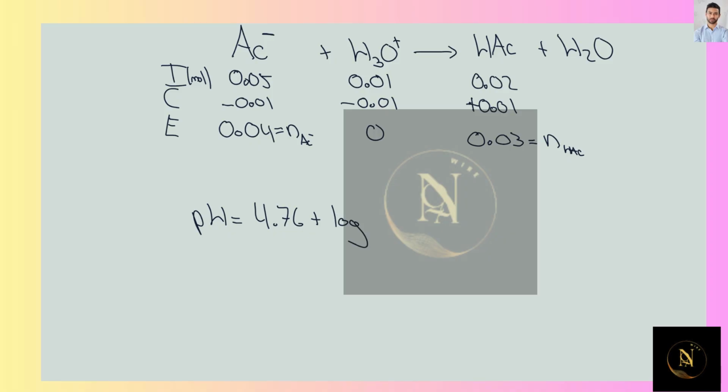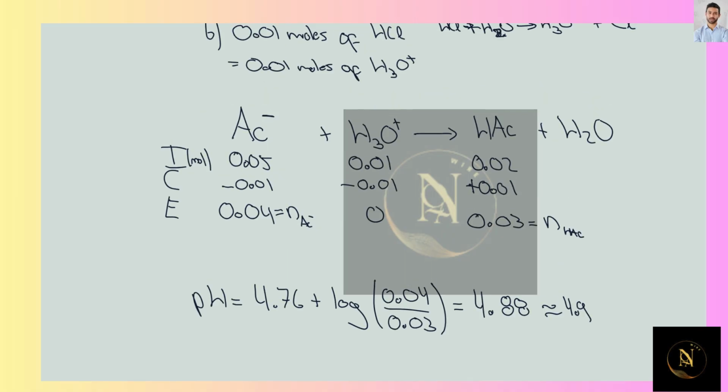Instead of using the concentrations, I can use the amount of mole. So this is 0.04 divided by 0.03. The result of this is a pH equal to 4.88, or approximately 4.9, depending on the resolution of the instrument that you have.